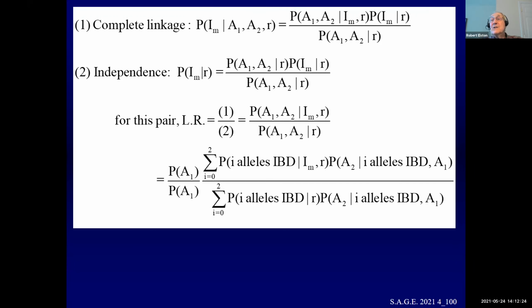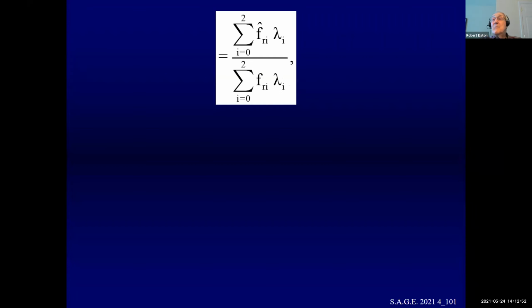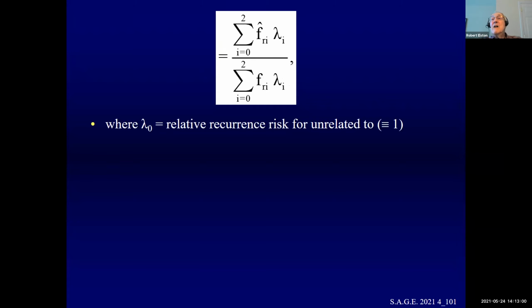And then it turns out you have this, and these probabilities cancel out. You get them from what we had before, and you end up with this. So to cut a long story short, because I'm not going to go through all this, you can try it and go through the algebra. This ends up here. What we have here is we are using the relative recurrence risks.